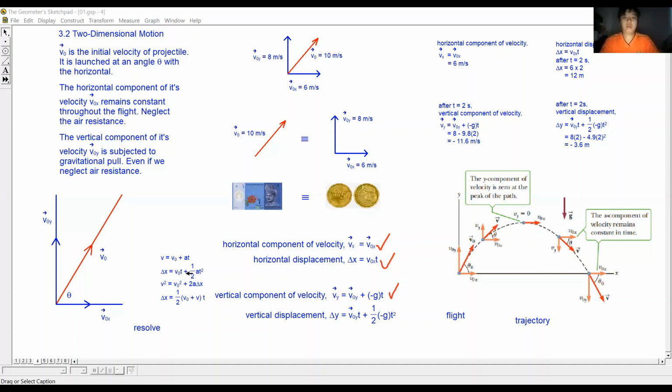Applying this to the vertical component, the vertical displacement is the initial vertical component times time, plus half at squared, where a is negative g.